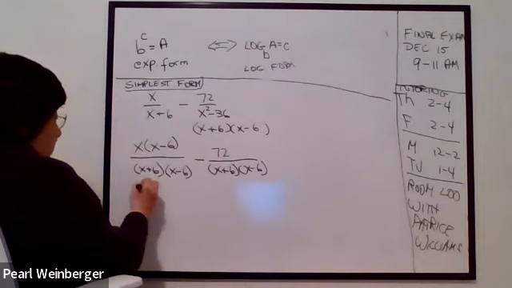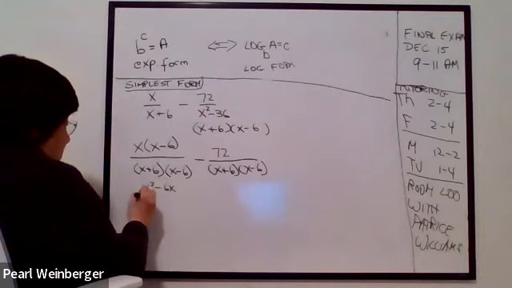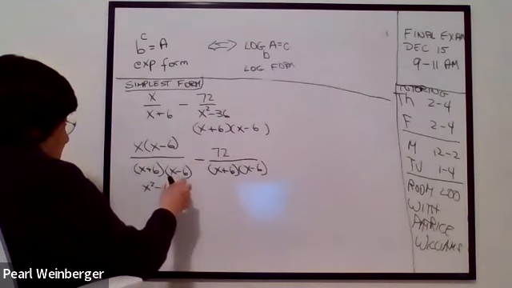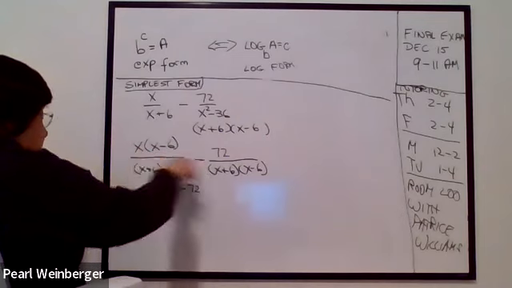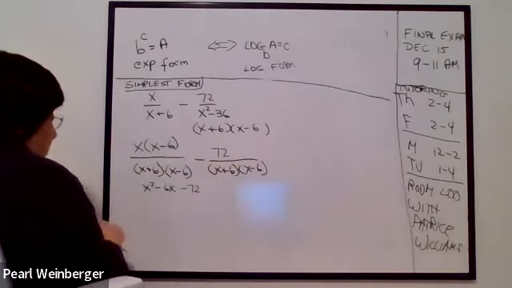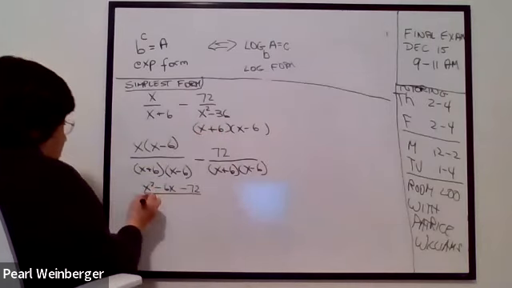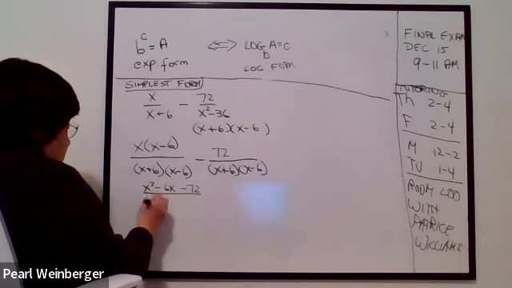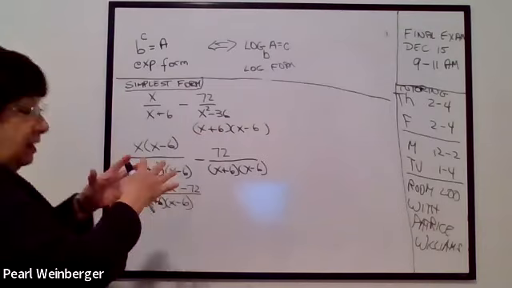That gives me x squared minus 6x minus 72. Because I'm combining all of these now. Don't forget that this is a minus, so it's subtracting everything, but it's only one term. And put it over the common denominator, x plus 6 and x minus 6. Now I've combined everything.